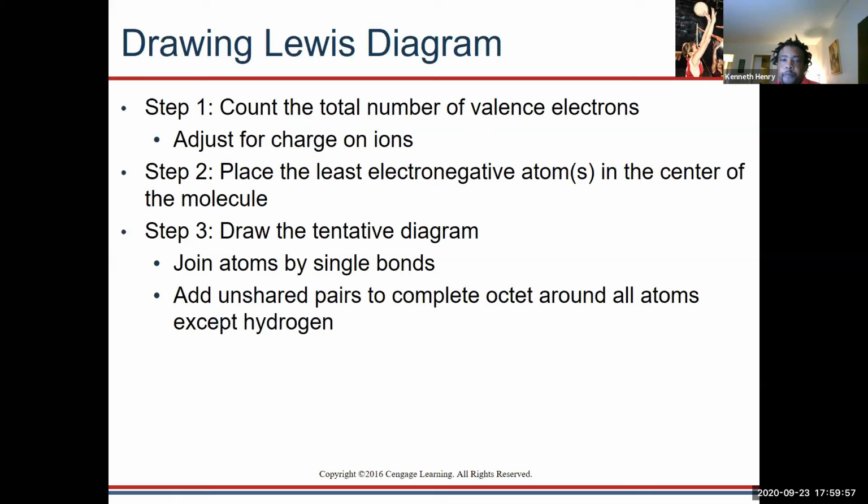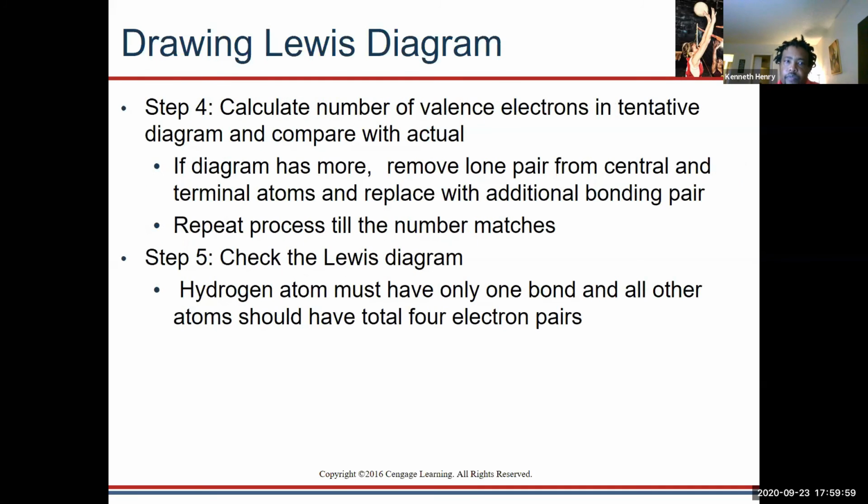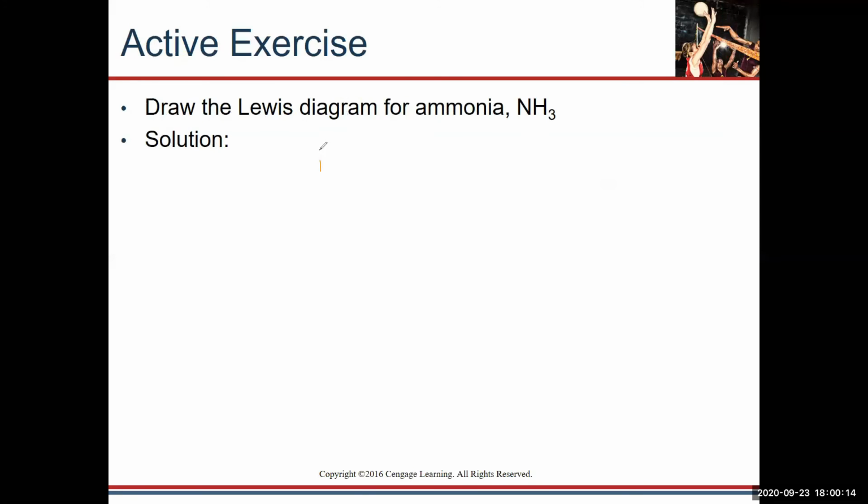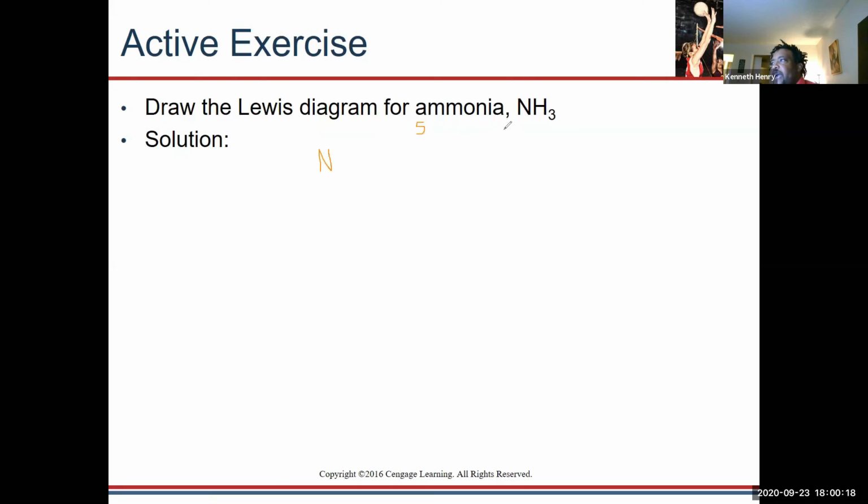Okay, so let's start with ammonia. We kind of did this earlier. So how many valence electrons does nitrogen have? 5. So it has 5 valence electrons. So let's just write it out. 5. How many does each of the hydrogens have? 1.